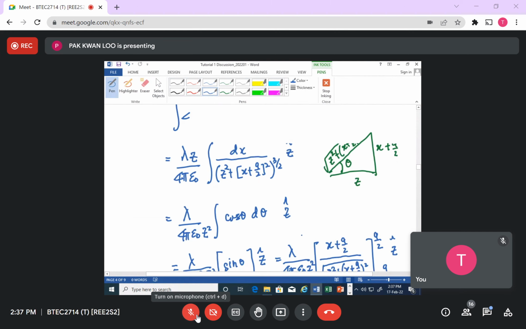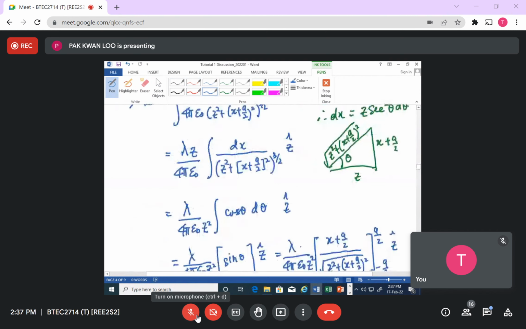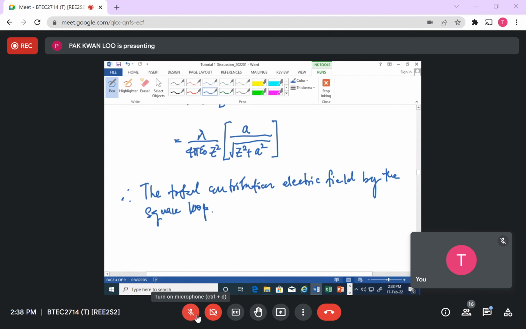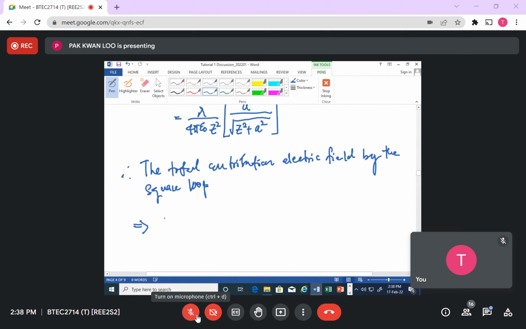And this is only for one length, right? So just now I said the total contribution of the electric field by the square loop will be 4 times.